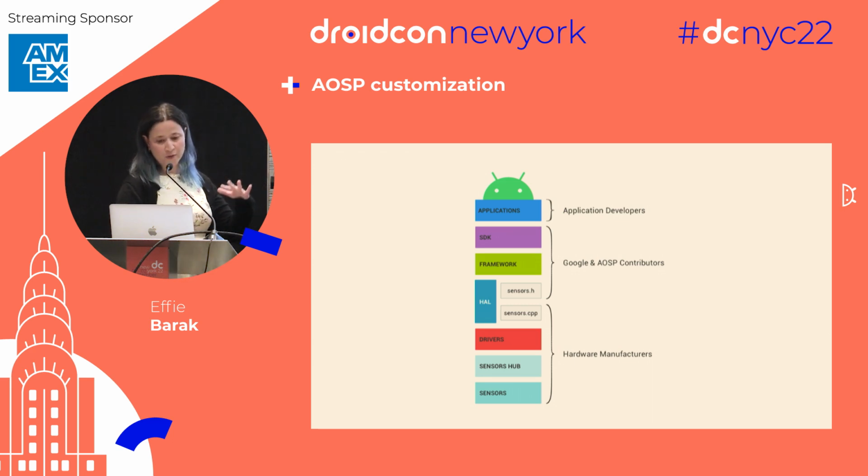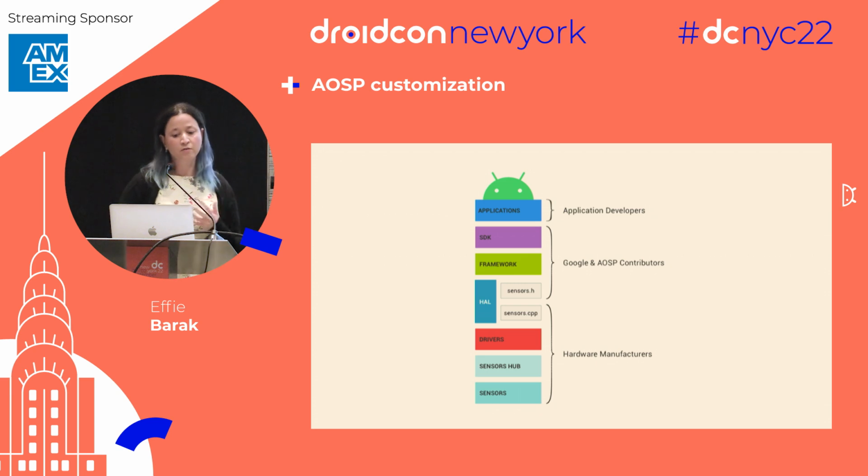All the bottom part of this picture is very hardware-specific code, so it includes special drivers and other customizations to maybe the kernel, and things that every manufacturer does themselves, and they package it, usually in the form of large blobs, and build AOSP on top of it.